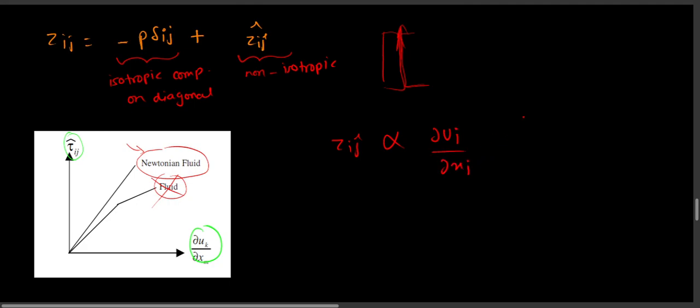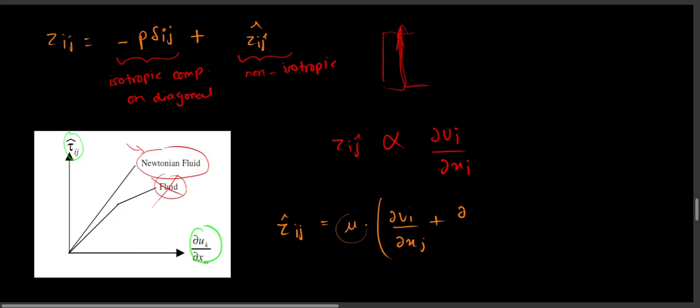We did some set of mathematical steps which are actually easy to prove, but we aren't going to do that now. And finally we came up with this beautiful equation: tau ij equals mu times (del u_i by del x_j plus del u_j by del x_i). Now mu is nothing but the viscosity, right?